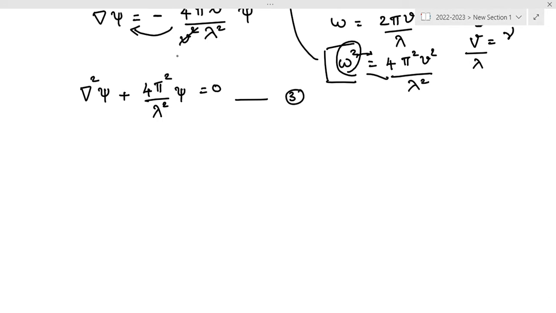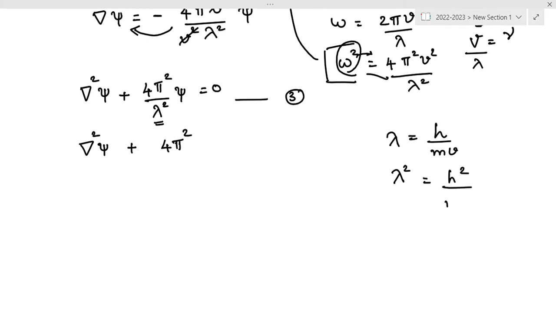Now, Schrödinger incorporated lambda is equal to h by mv. Therefore, I am going to replace lambda is equal to h by mv here. We get del square psi plus 4 pi square. Lambda is equal to h by mv, so lambda square is equal to h square divided by m square v square.